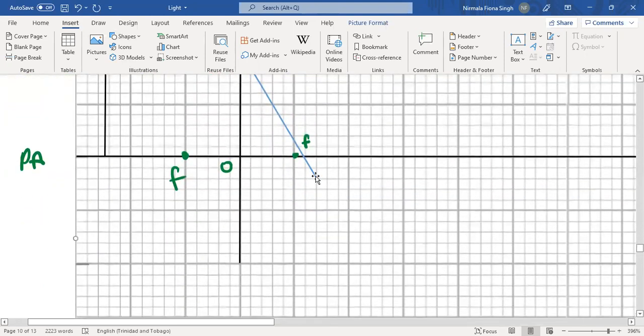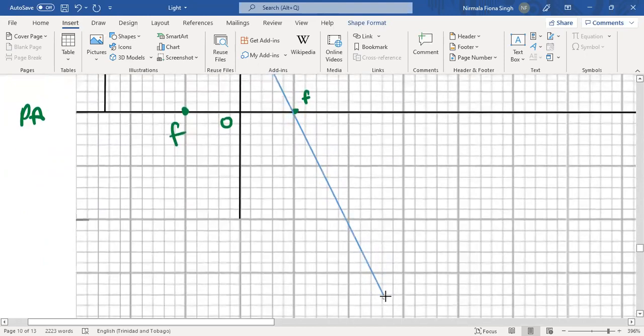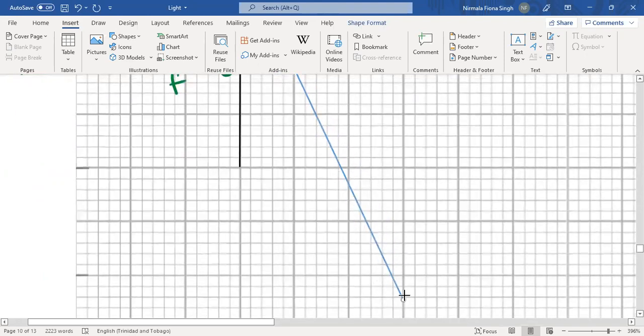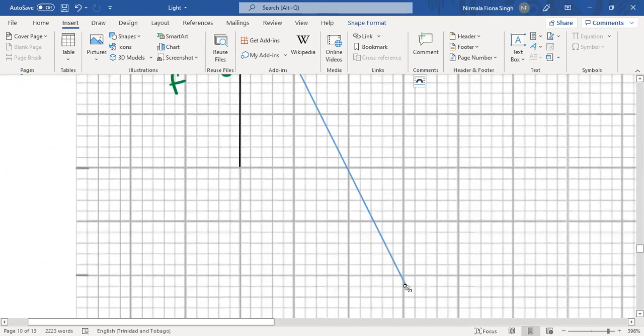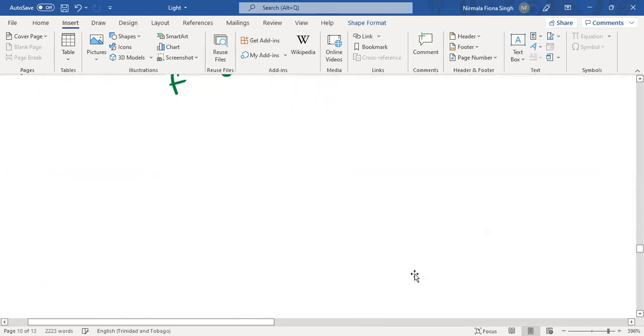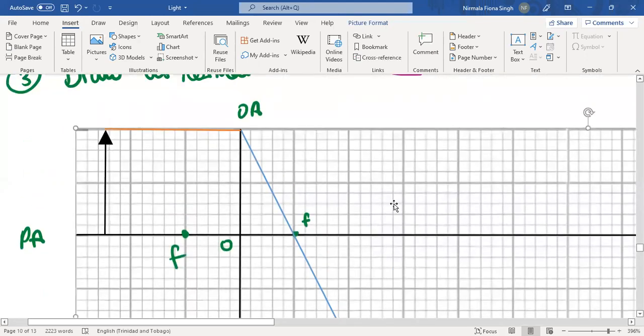You see already how I drew it at a little angle, so I'm going to have a little bit of a problem being accurate. And we go down as far as we possibly can. So you make sure you pass through your principal focus, and you go down as far as you can on your page. Did I pass through? Yeah, kind of off a little bit. Right, so that's the first line.